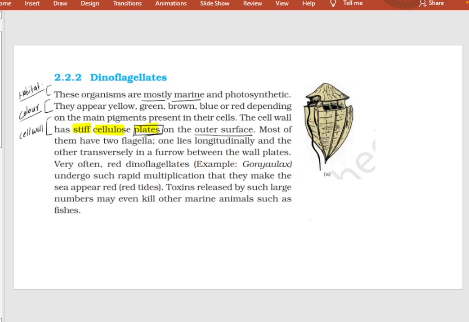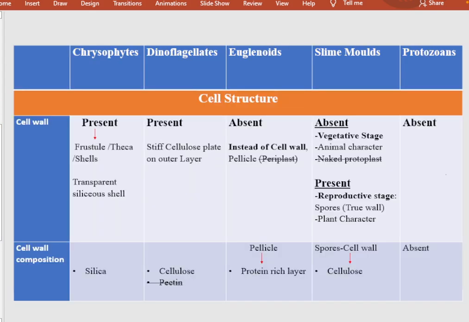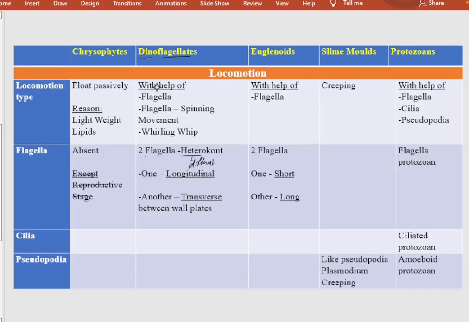Here in dinoflagellates, how many flagella are there? Two. Dino means two. They move with the help of flagella, which show a spinning movement. They spin, so they are also called whirling whips.